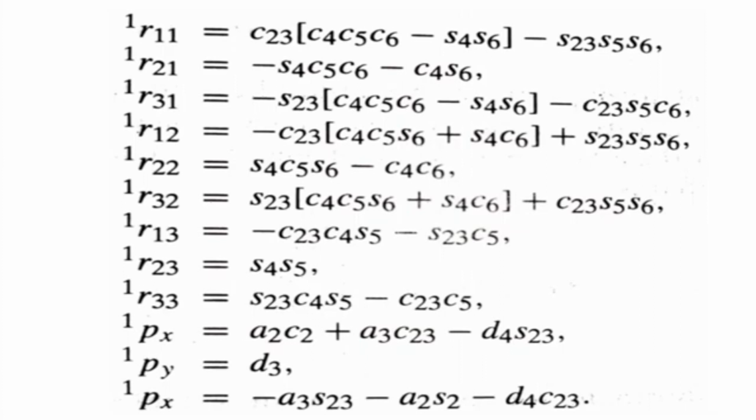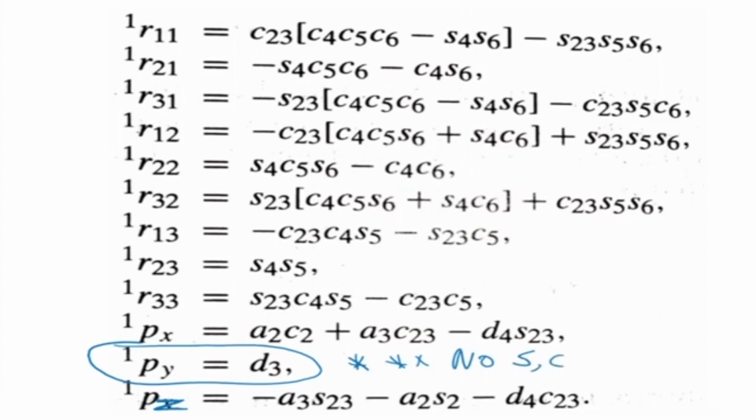You can observe that all the terms have sine and cos except this term. This is PZ here. So basically what we are seeing here is that all the terms contain sine and cos, and there is only one term that does not contain them. So there is no sine or cos here. This is something to note. It means that if you try to solve from somewhere else by using some other term, comparing left and right, you'll not be able to.